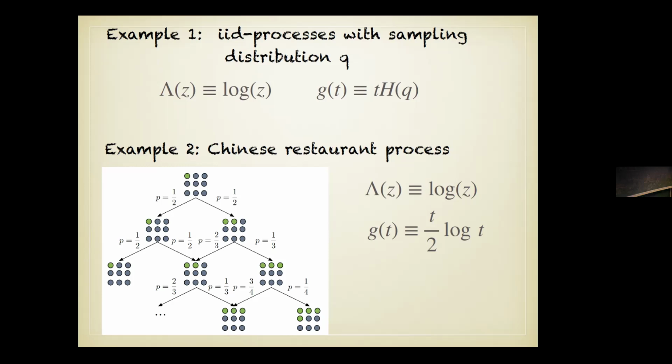Okay. So basically, this means that we can measure, or at least estimate, entropy production of non-IID systems, so systems with memory and with super exponentially growing phase spaces.